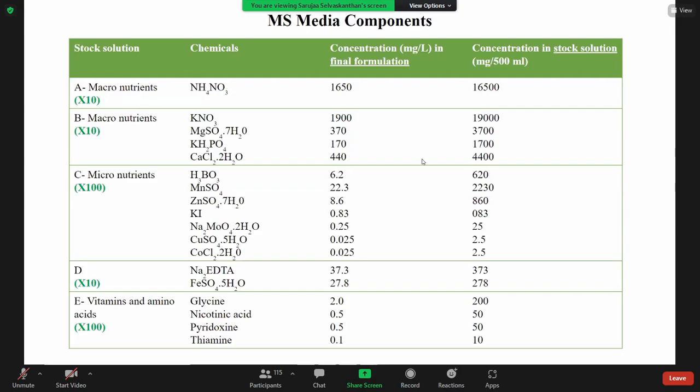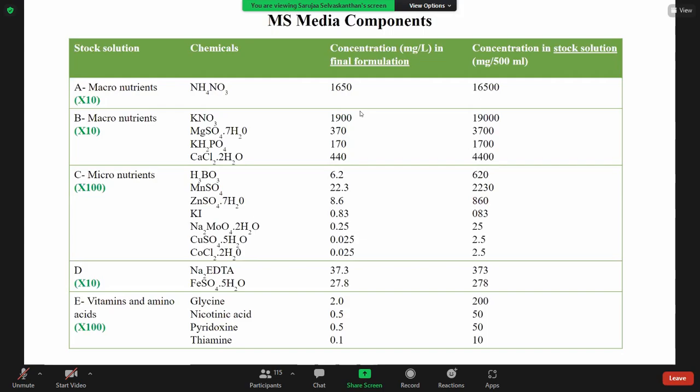Now we can see how to prepare the stock solution. There are 5 stock solutions we can prepare. As I told you earlier, each and every time we can't measure these; 1650 milligram means 1.65 gram, which we have to measure accurately.